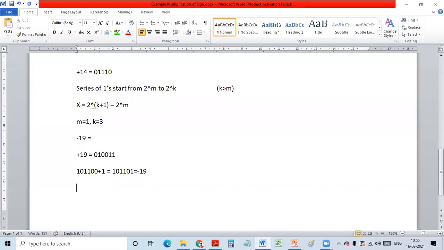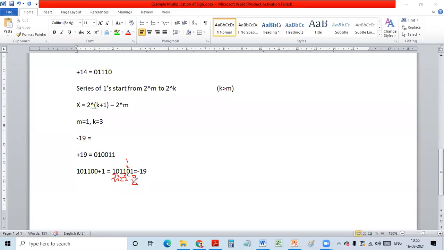So how can you represent this minus 19 as per this notation? It is having a series of ones and zeros, that is sure. By applying powers of 2, here it is 2 power 0, this is 2 power 1, 2 power 2, 2 power 3, 2 power 4, and this is 2 power 5.